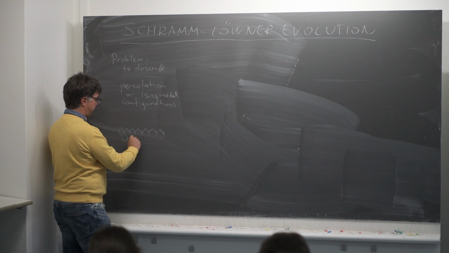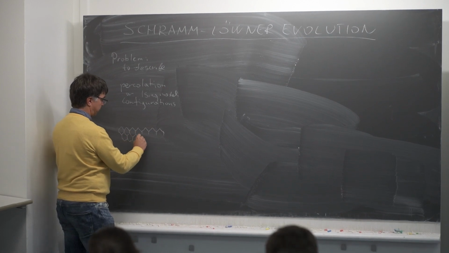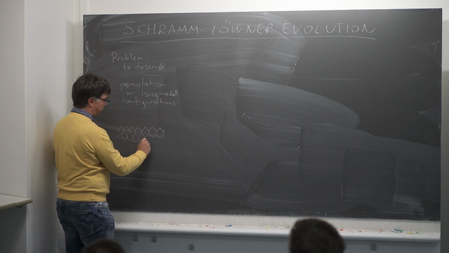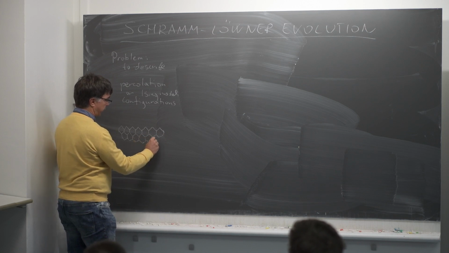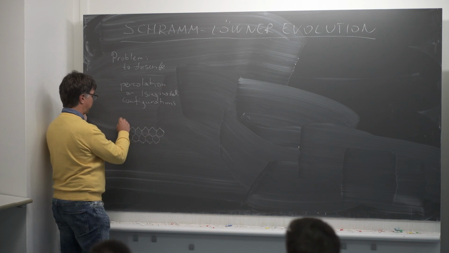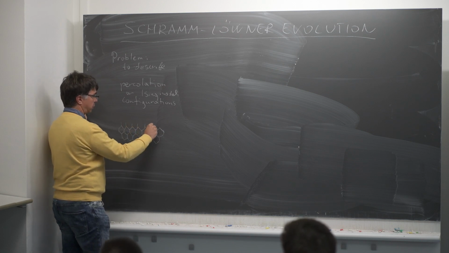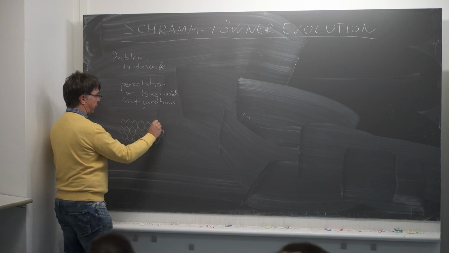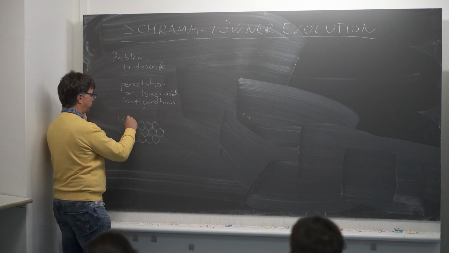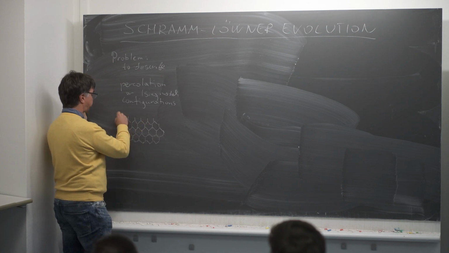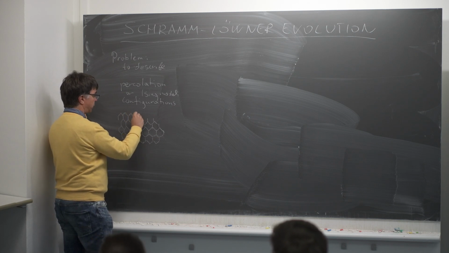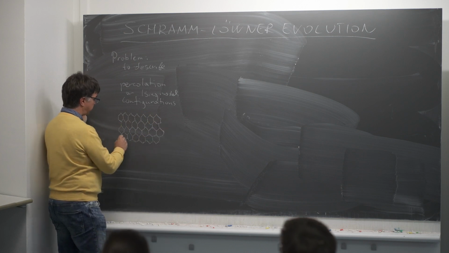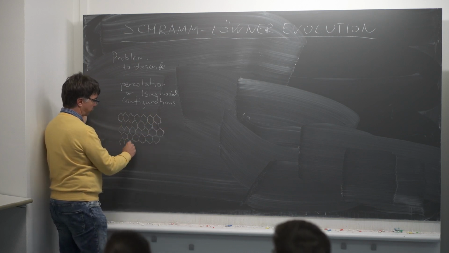A configuration in the Ising model or in percolation is just a covering of hexagons in two colors. In percolation, you just cover them independently. In the Ising model, you assign certain probabilities which depend on how many neighbors you have of different colors or the same color. That seemed to Schramm a bit too difficult to do outright.